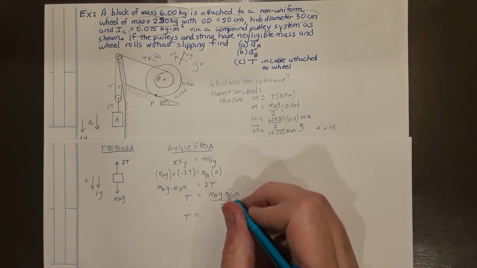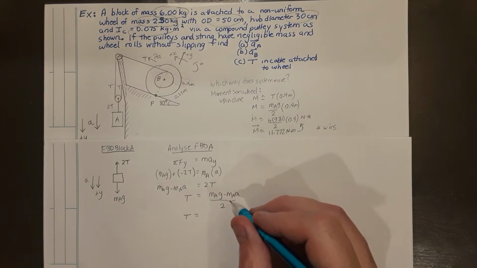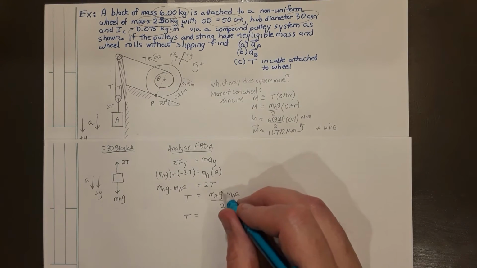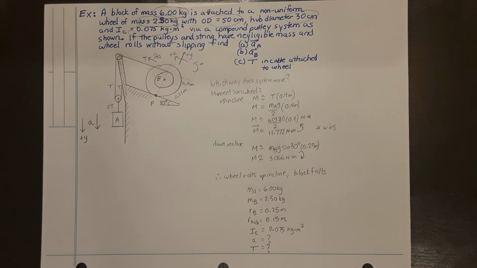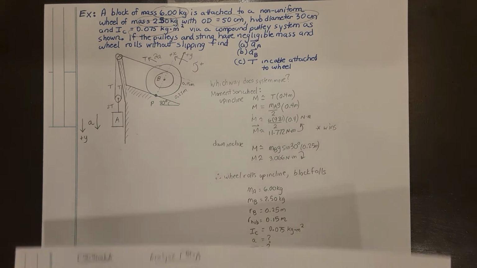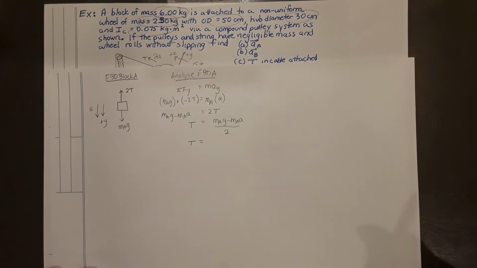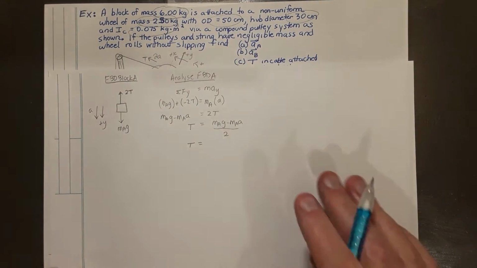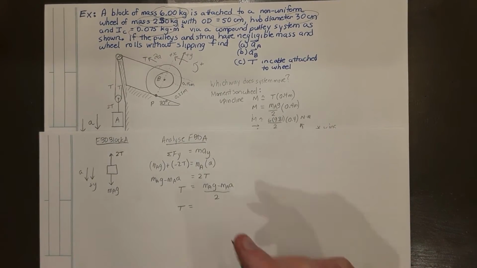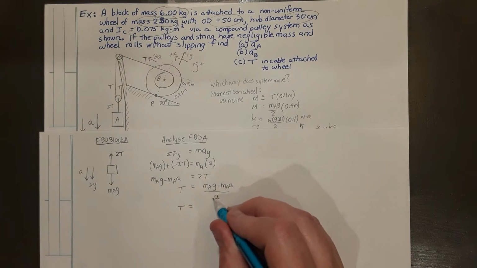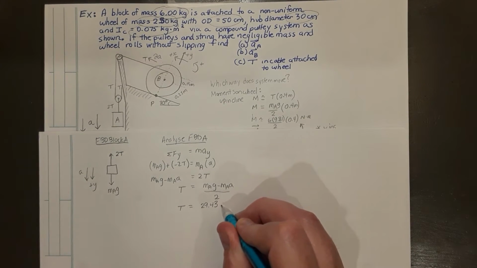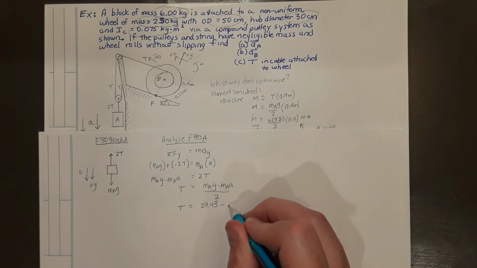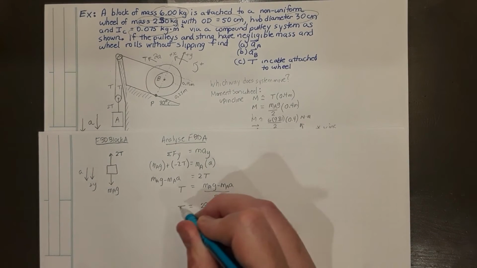So I'm going to actually do this one numerically, and if I plug in these numbers, MA, which was 6 kilograms, 6 kilograms times 9.81 divided by 2 is going to give me 29.43, minus half of 6 kilograms is 3A.